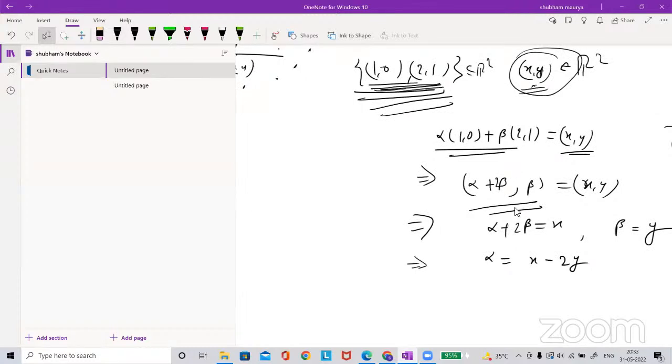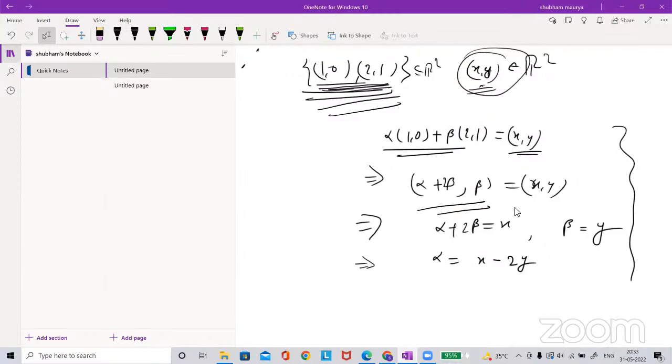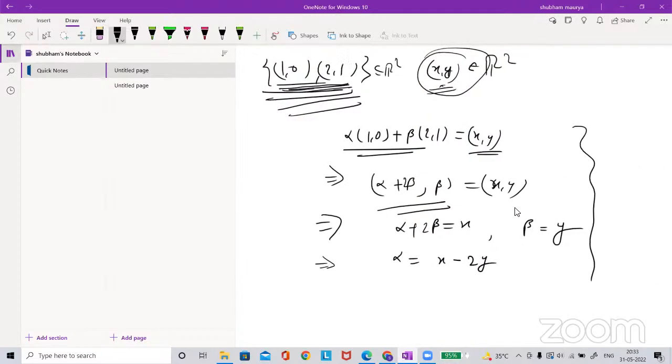What it says is that the linear combination is possible. Let's say x is equal to 1 and y is equal to 5, so you have the vector (1,5). Can (1,5) be generated with these two? Yes, you have an answer.